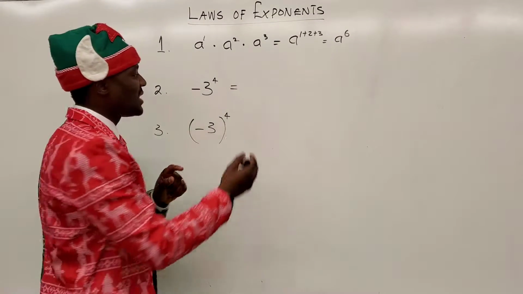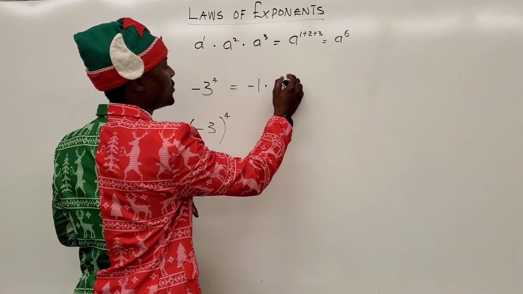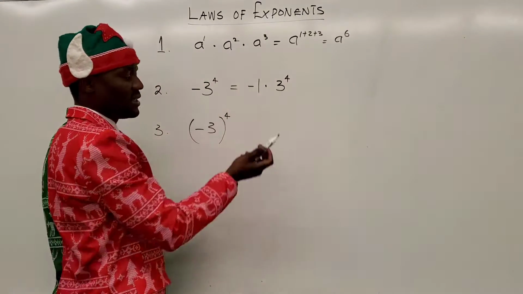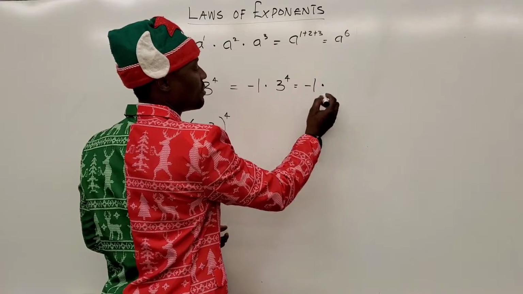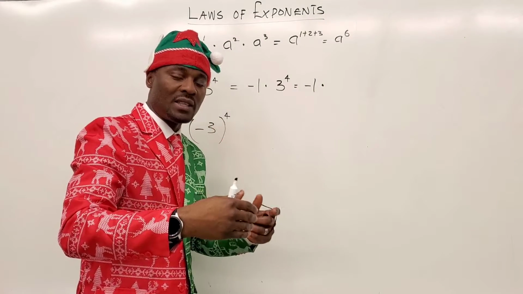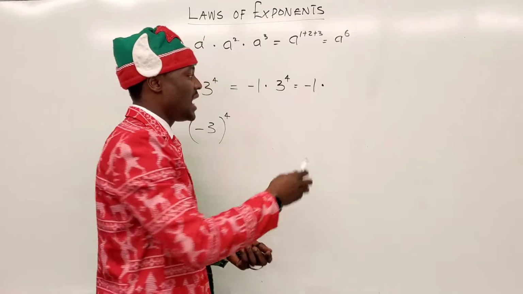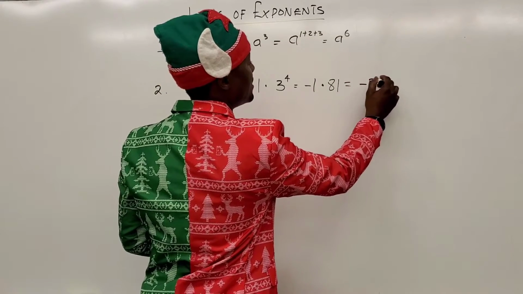So you can see this as writing negative 1 multiplied by 3 to the power of 4. If you decide to write the number, it's going to be negative 1 multiplied by 3 multiplied by itself 4 times. It's going to be 3 times 3 times 3 times 3, and that's 81. So your final answer is going to be negative 81.